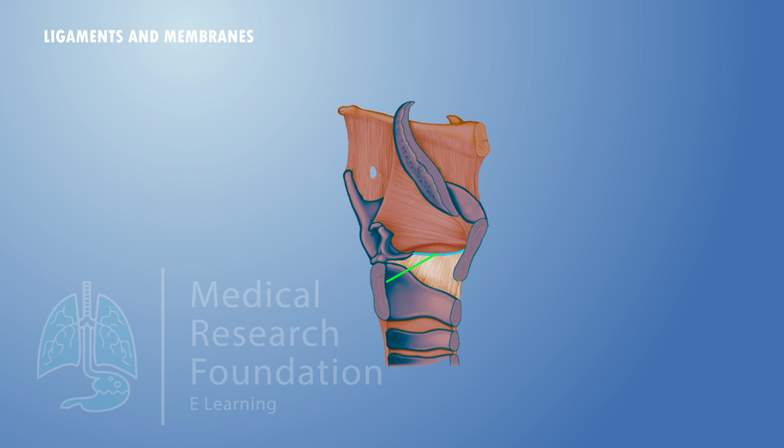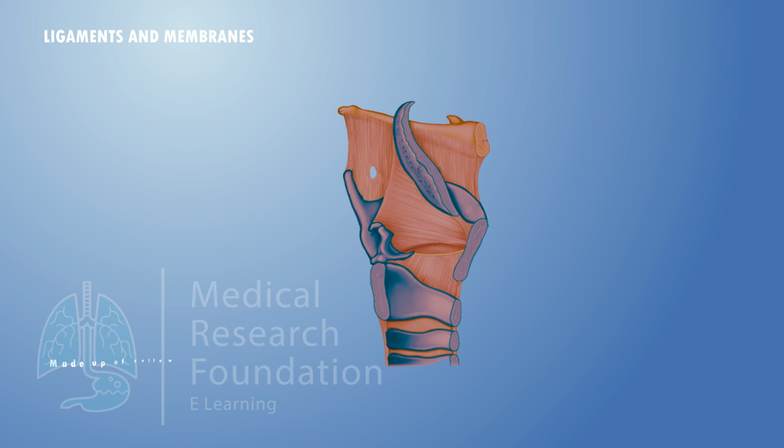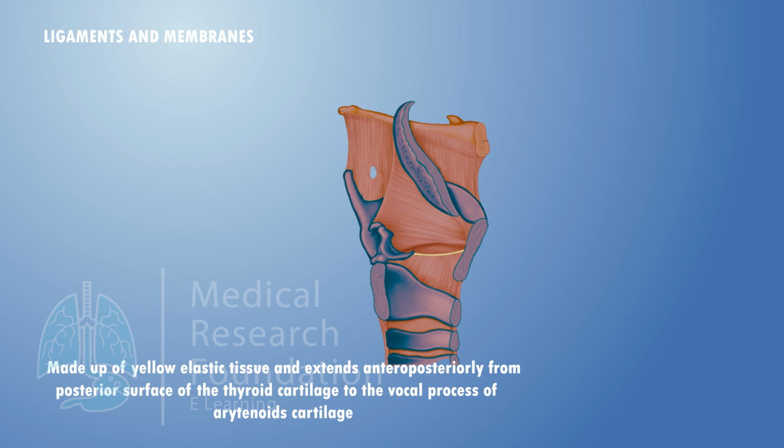It is slightly thickened to form the vocal ligament. The fold of mucous membrane over this ligament forms the vocal fold. Vocal ligament is made up of yellow elastic tissue and extends antero-posteriorly from posterior surface of the thyroid cartilage to the vocal process of arytenoid cartilage.